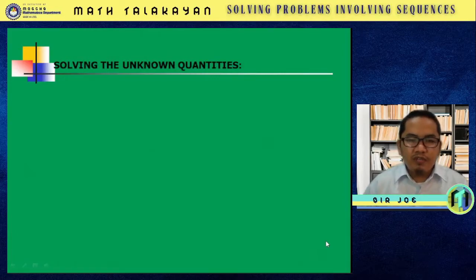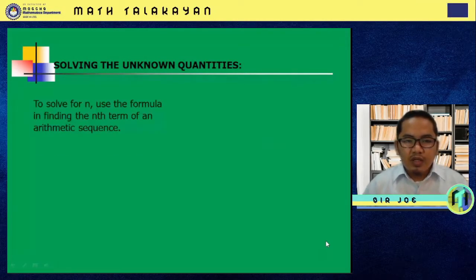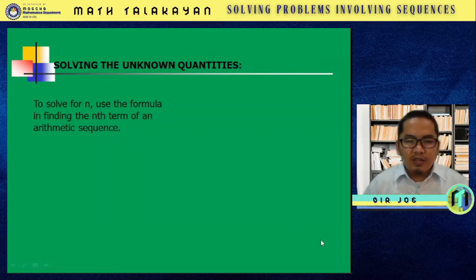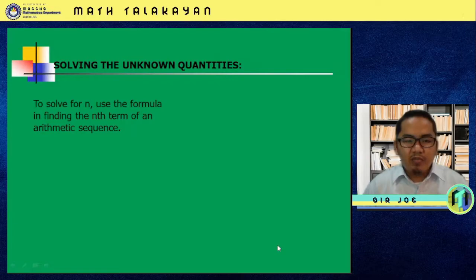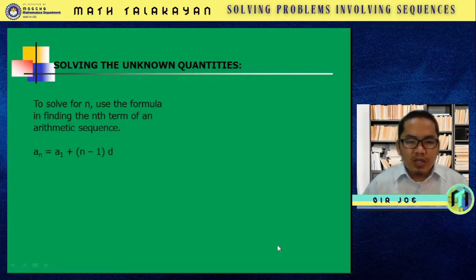So for solving for the unknown quantities, we have to solve for n. So we're going to use the formula in finding the nth term of an arithmetic sequence. So we have here a sub n is equal to a sub 1 plus the quantity of n minus 1 times d.